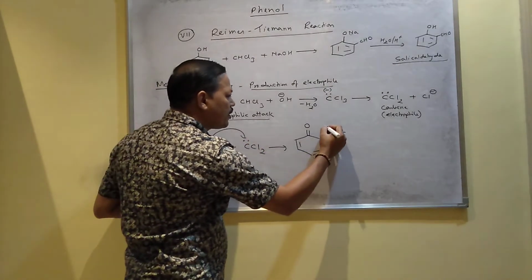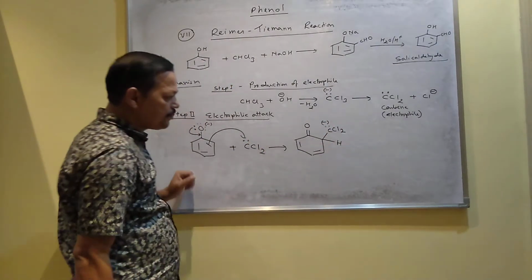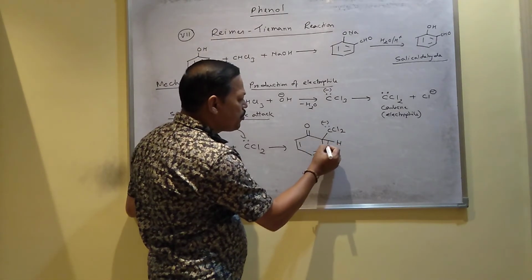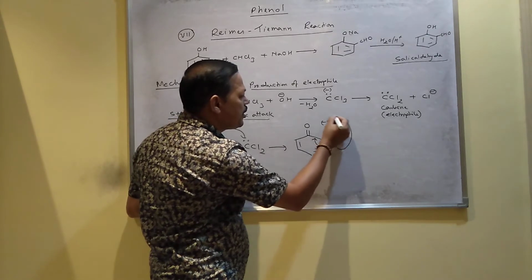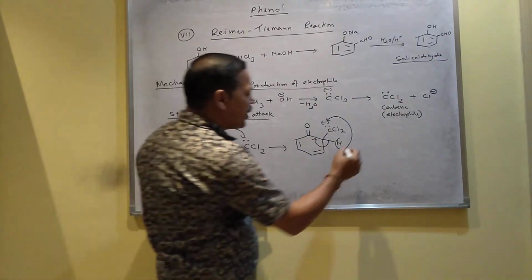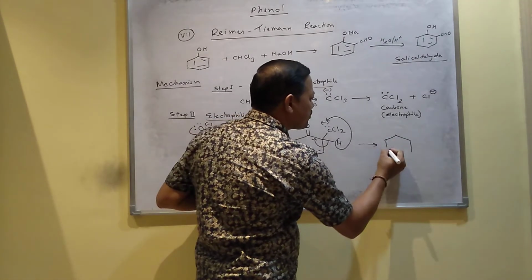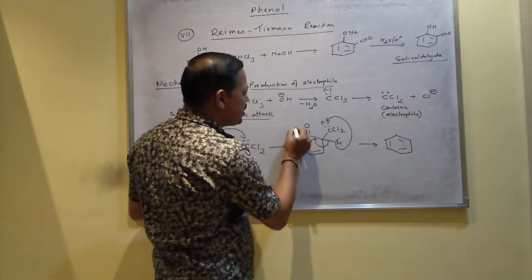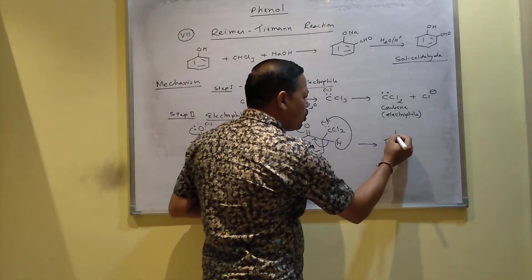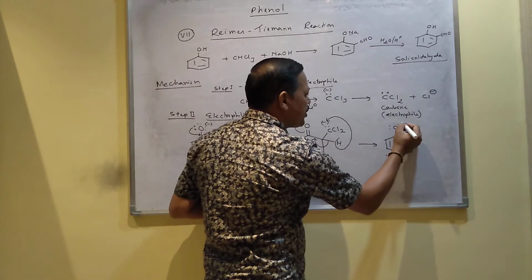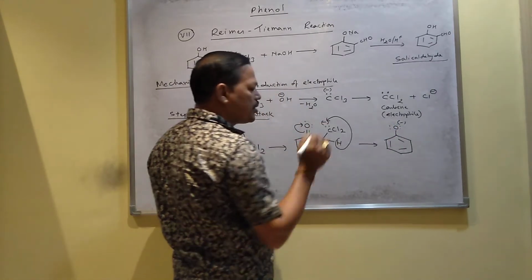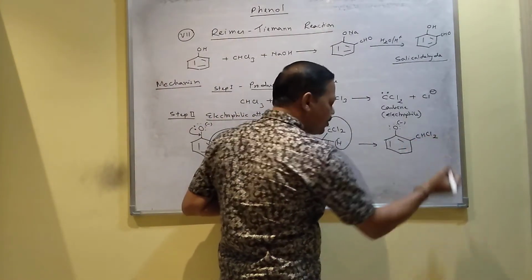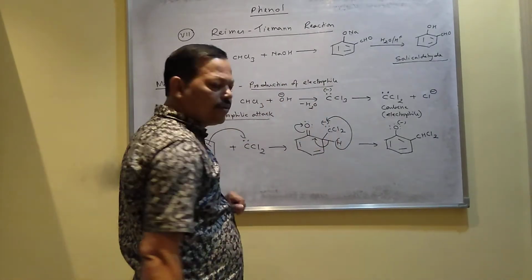One lone pair is present here, that's why it becomes negative. Again, this bond will shift from this to this, and H plus will be joined with this negative. Ultimately, you will get a double bond here, here, and here, and this will shift here. O will be negative due to the presence of 3 lone pairs now. Here 2 lone pairs are present. Oxygen always has 2 lone pairs, and this becomes CHCl2. The hydrogen will be joined with the carbene.